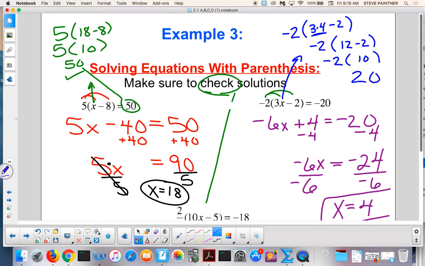But negative times positive is? Negative 20. Is that what you wanted? Boom. It's right. That can be done so quick, because I have to talk everything through, it just takes me longer.